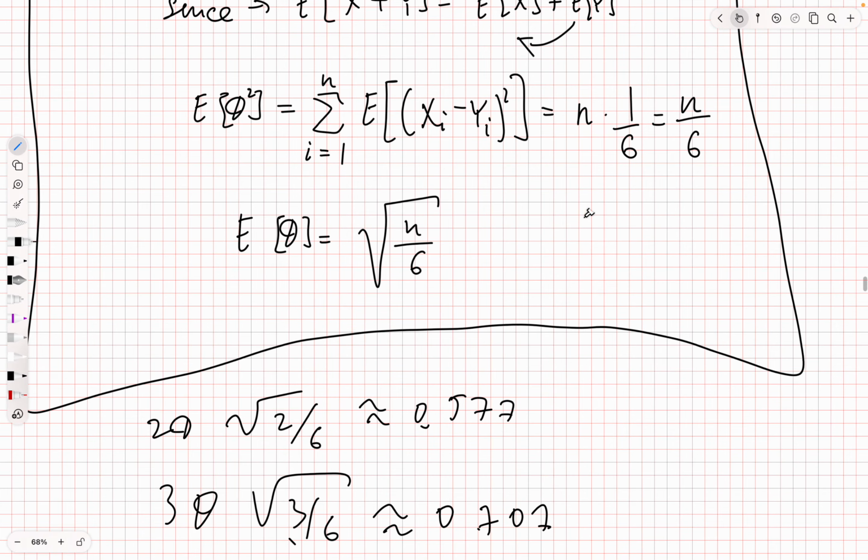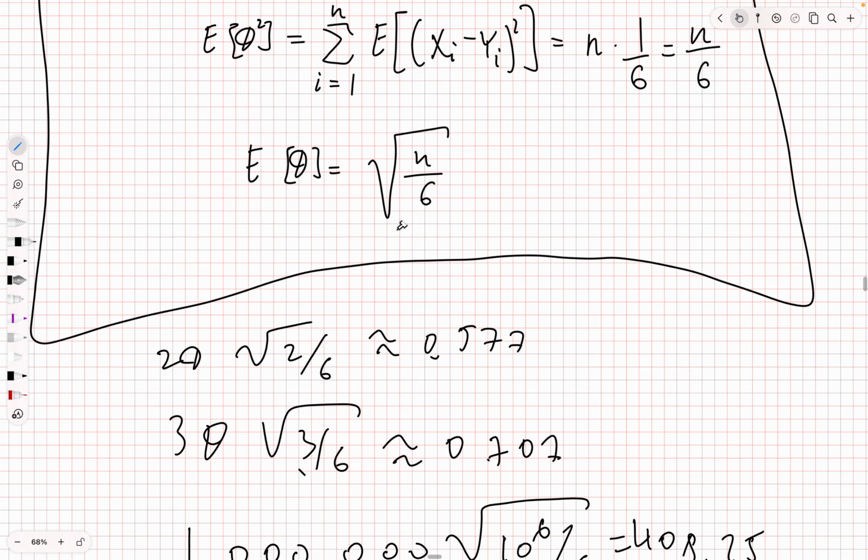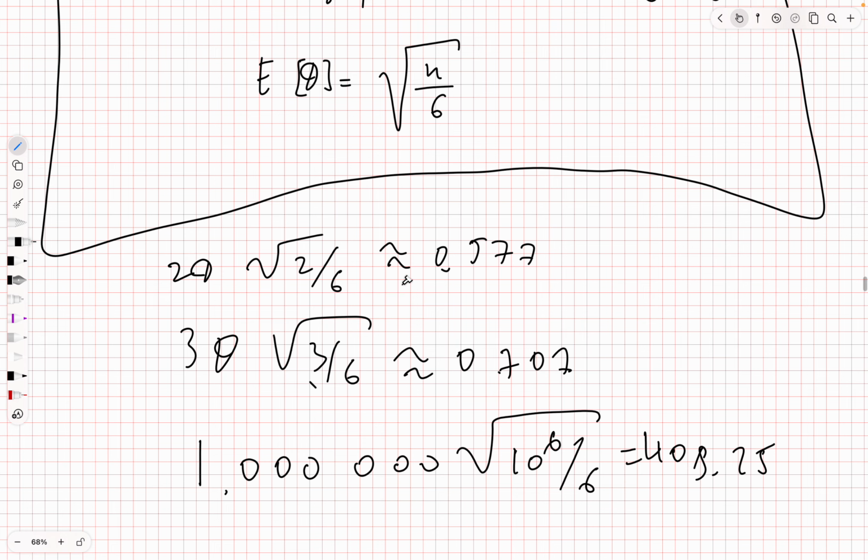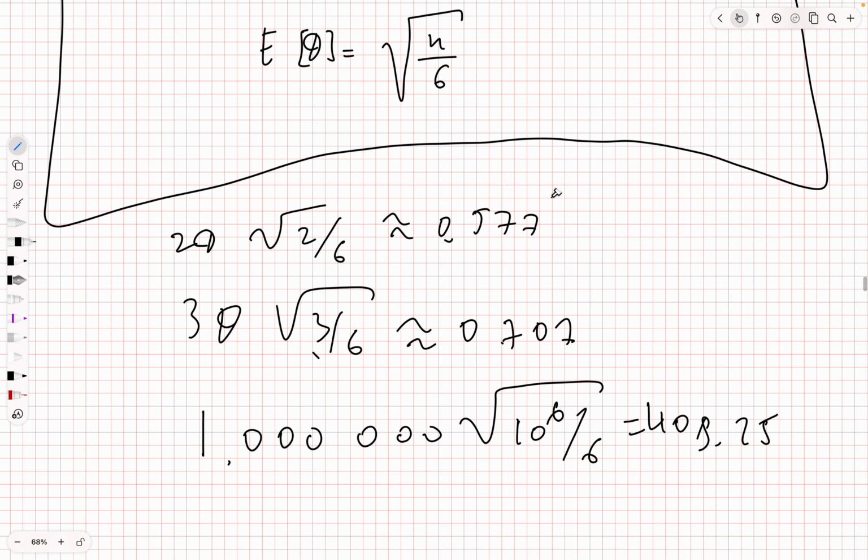So basically, we managed to find how the average distance between the points is affected by the number of dimensions here. And we can just plug in some values. If it's 2 dimensions, then the average distance between the points is 0.577. And if it's in 3D, it's 0.707.